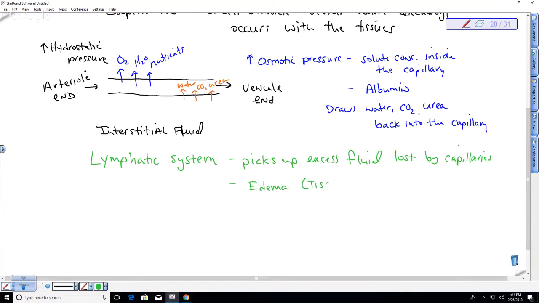This is tissue swelling. And then that extra fluid travels through lymph nodes up to the neck region where it's put back into circulation. Okay, but the lymphatic system is important in eliminating tissue swelling or edema.